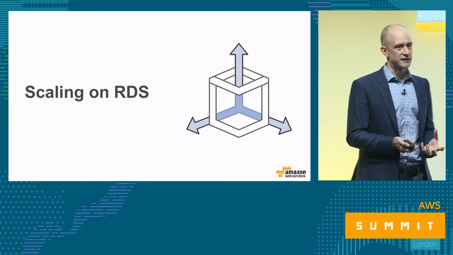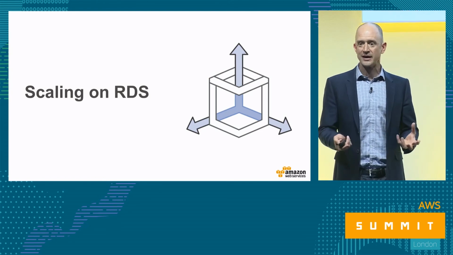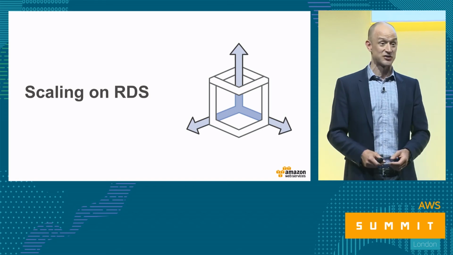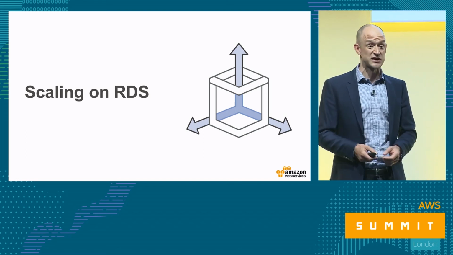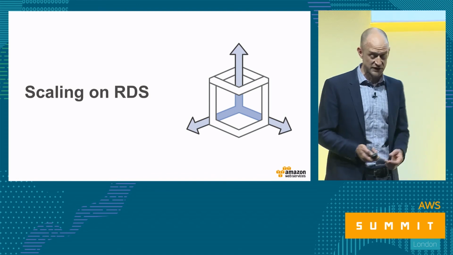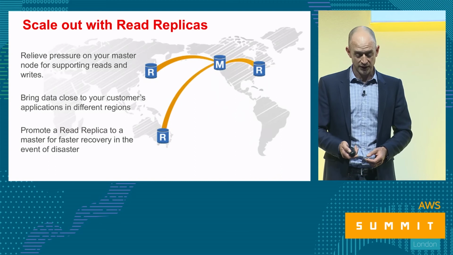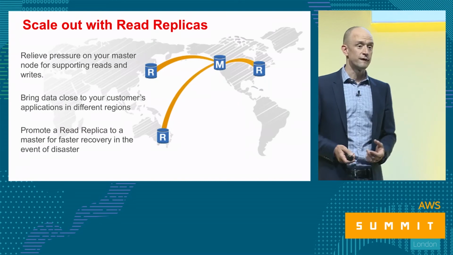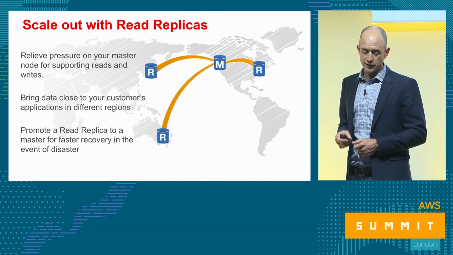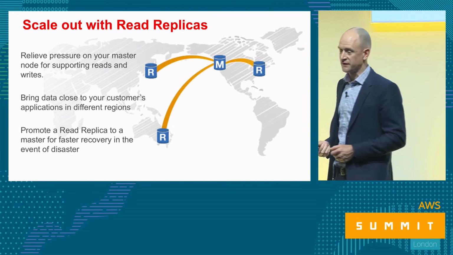One of the other areas that's important for RDS customers is scaling. Traditionally, with databases in particular, scaling was always a bit of a challenge, and it was always a question of scale up in most cases. We've added a number of options here that I think will make that much richer. The first one is the ability to scale out Read Replicas for your RDS instances.